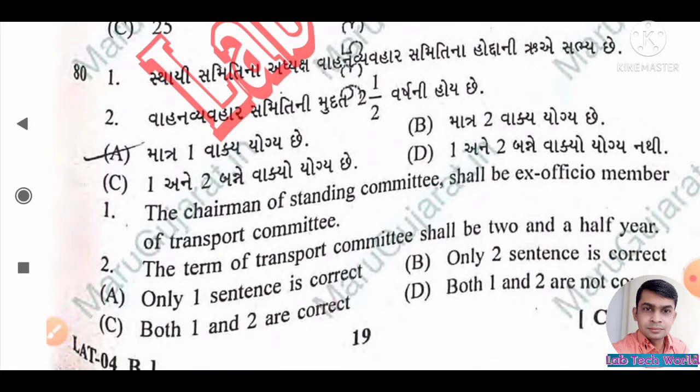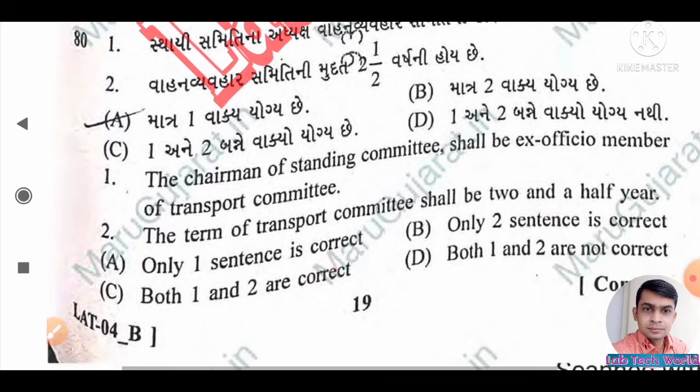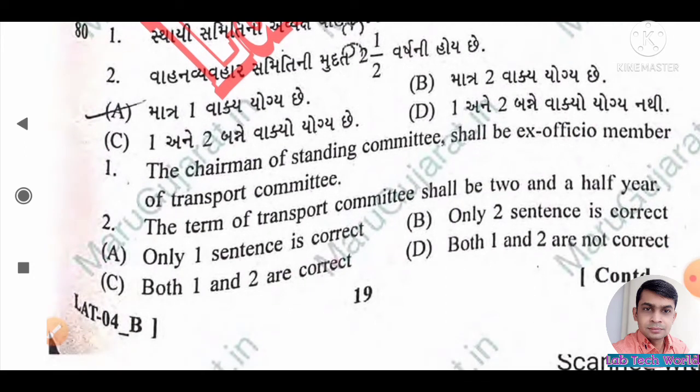Move to the next question, number 80. A. The chairman of standing committee shall be ex officio member of Transport Committee. B. The term of Transport Committee shall be 2.5 years.